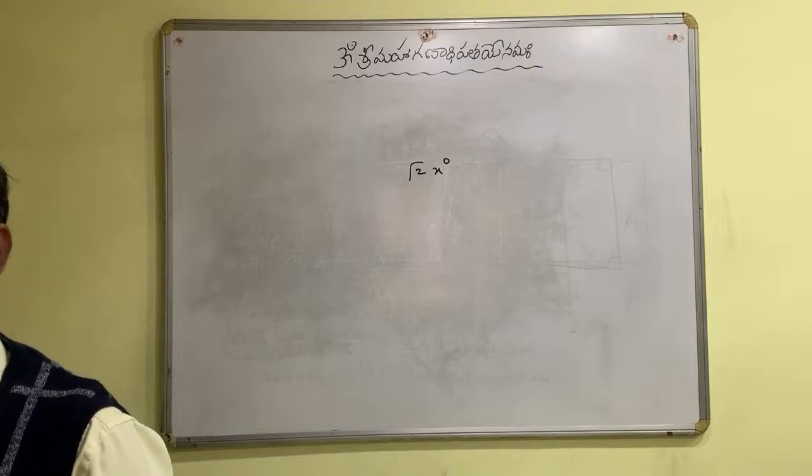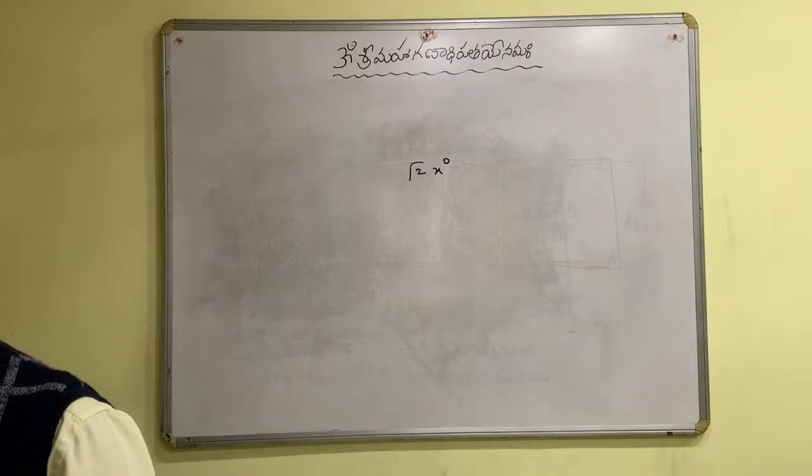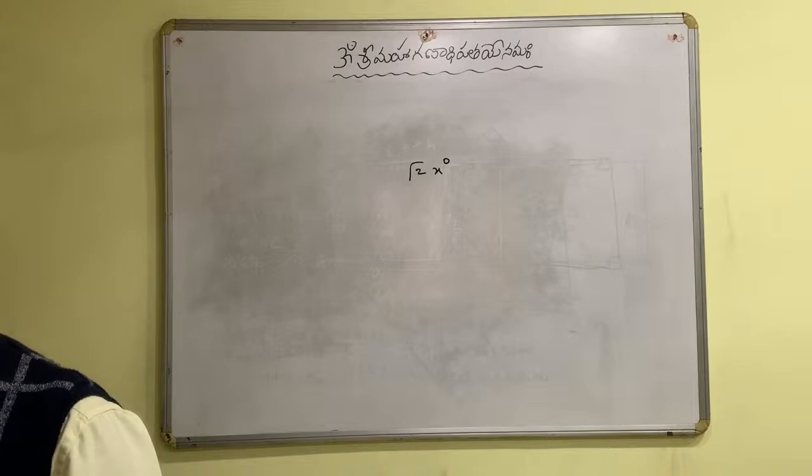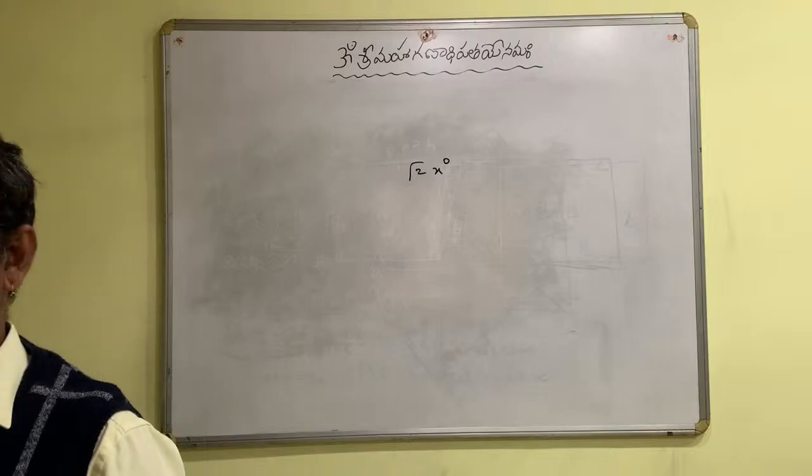Substitute the value. 2 2s are 4 plus 3 into 0, 0. 4 plus 0 is 4. So k value is 4, correct.